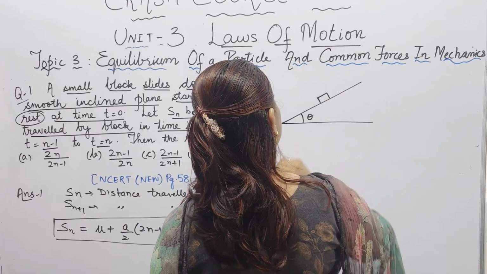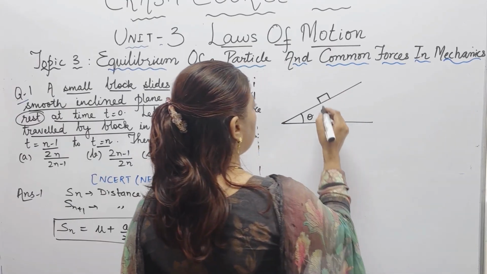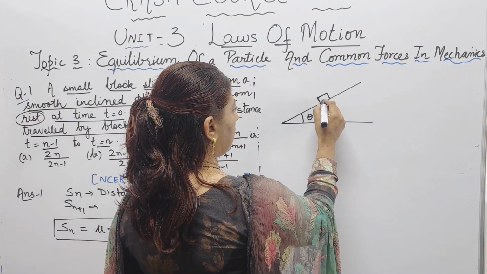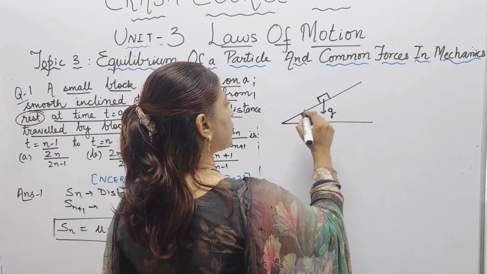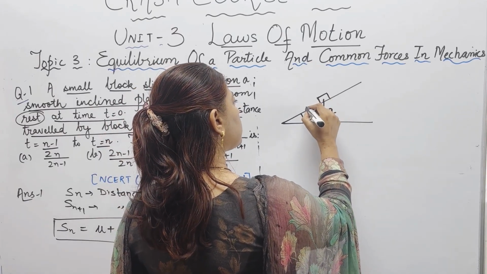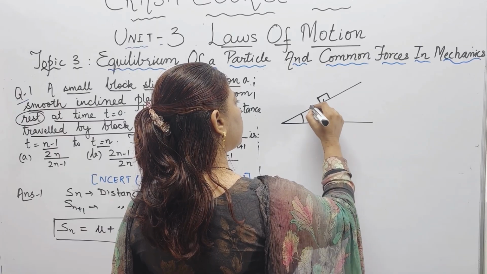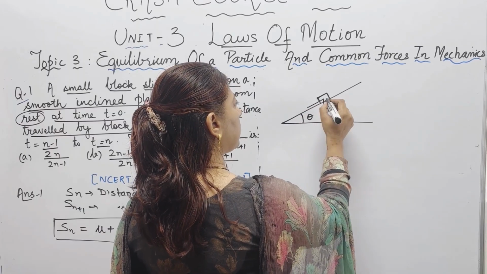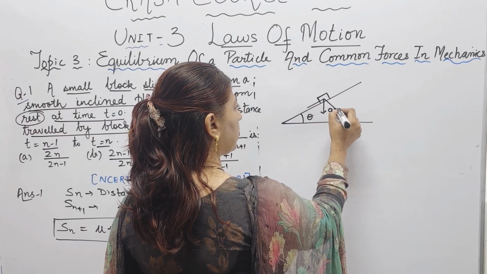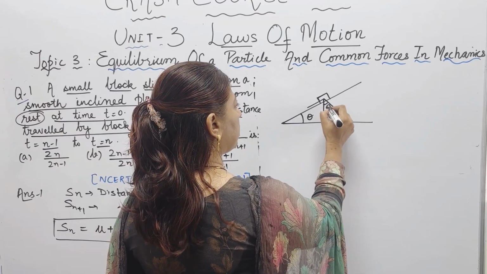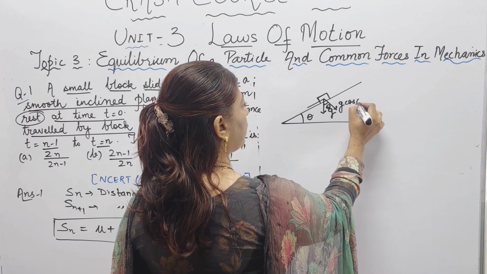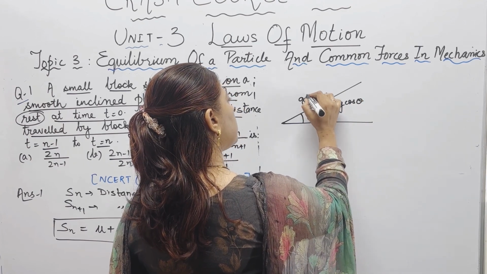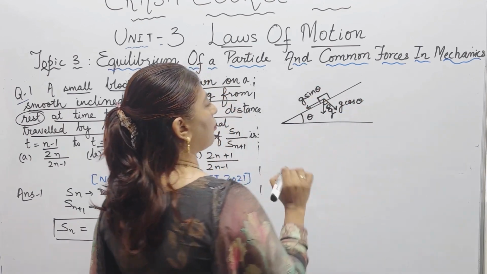Here the block is being placed, and the block is moving according to the acceleration due to gravity. So let us resolve. This is sliding on this part. So one component is here and another component is in this direction. This is theta. This is g cos theta component, and this is g sin theta component.